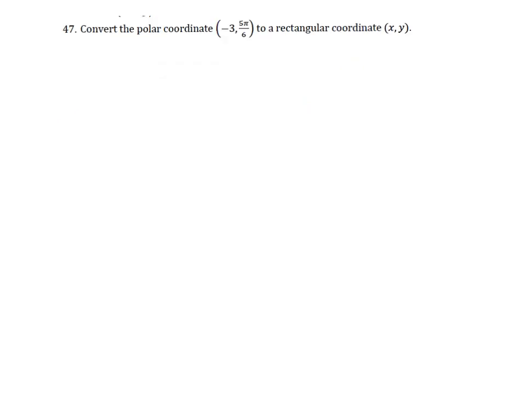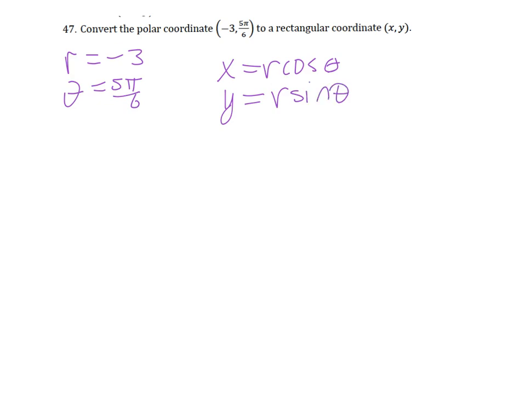So we're going to rewrite this in rectangular component form. So our r is negative 3. Our theta is 5 pi over 6. Remember, x is r cosine theta. y is r sine theta. So in component form, the x is negative 3 times the cosine of 5 pi over 6. The y is negative 3 times the sine of 5 pi over 6.